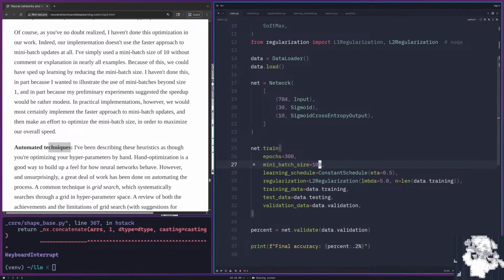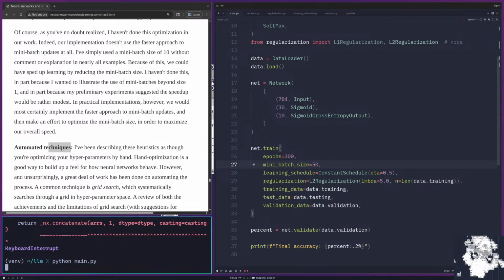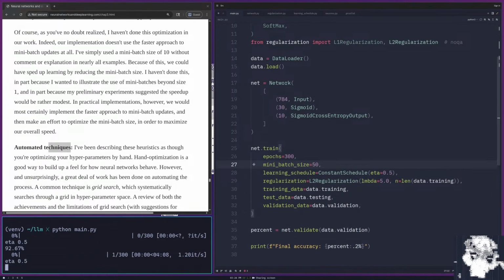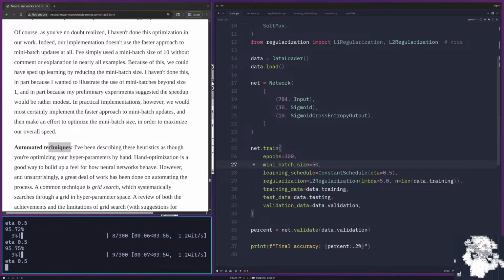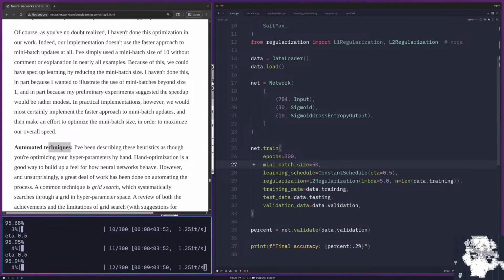How about 50? That's the same speed up, 1.2 per second. In theory, the learning is not as bad as it was with 100.